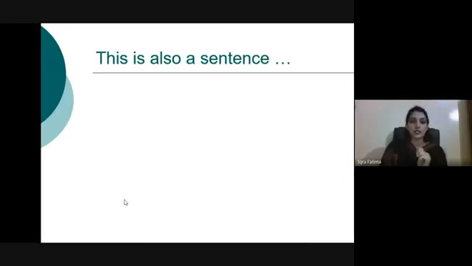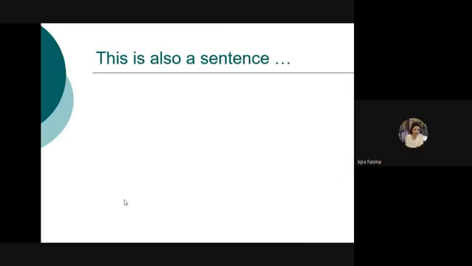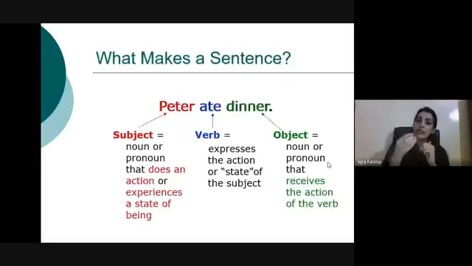If you talk about the object, the object receives the action. Peter ate dinner. Peter ate what? Dinner. So that meal is receiving Peter's action of eating it.